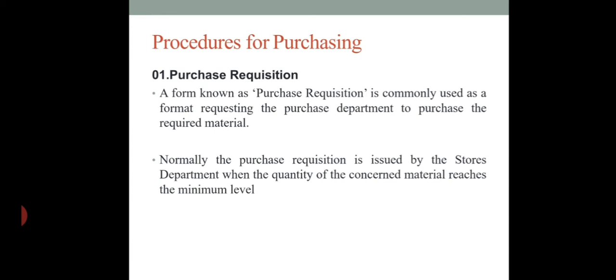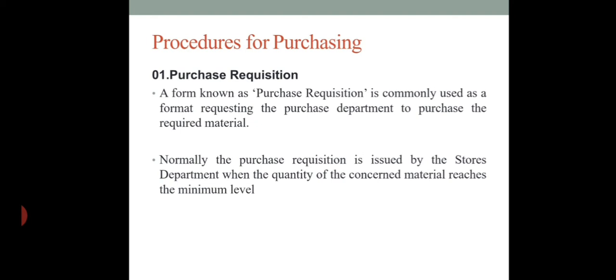So the purchase officer comes to know the type of materials needed in the various departments of the organization. This is a usual procedure used as a request to the purchasing department to purchase material.